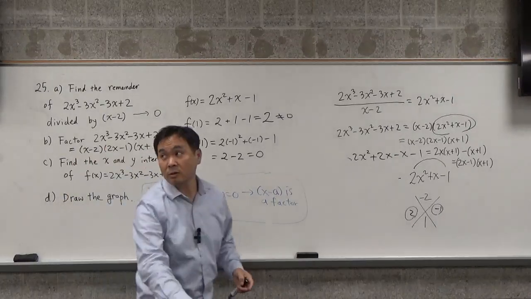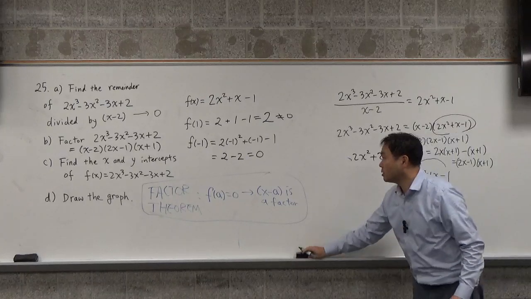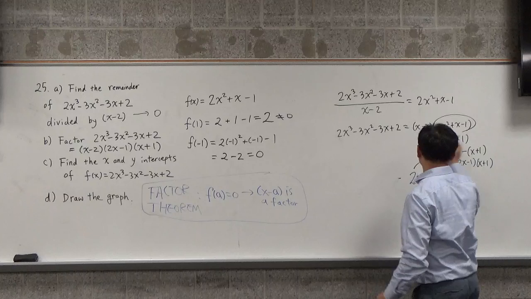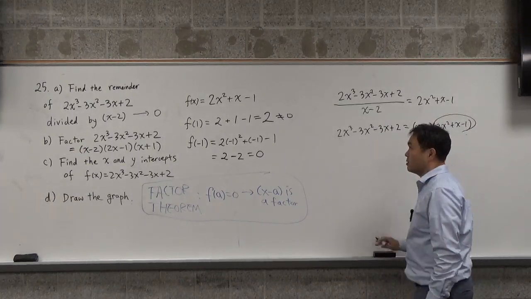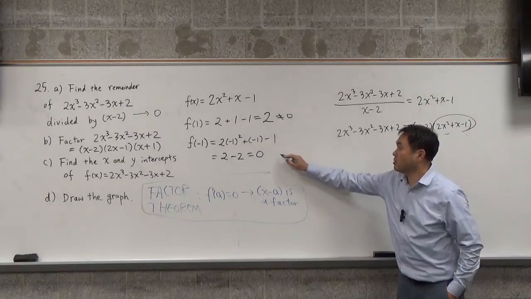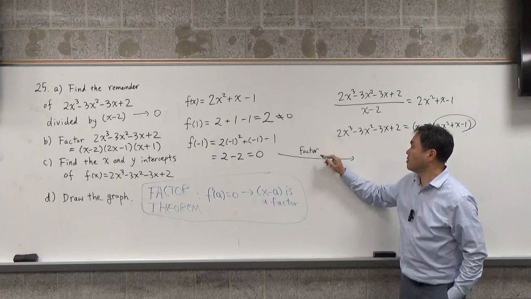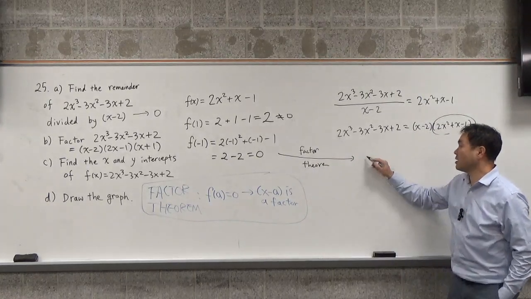All right. Look, we got f of -1 equal to 0. What does that mean? What is a factor? The factor theorem says that x minus what?